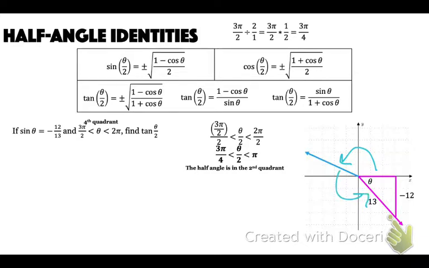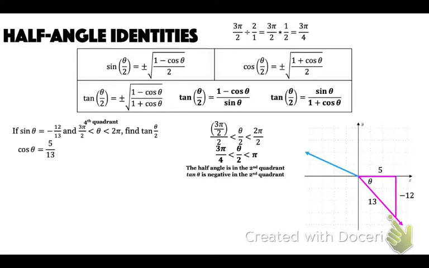Okay. So now tangent is negative in the second quadrant. So that means tangent is going to be negative when we go through this. I can find that missing side by doing the Pythagorean theorem. It's 5. And then cosine is 5/13. And I'm going to use one of these two equations instead of my square root equation. I would just not even use the square root equation, quite frankly.